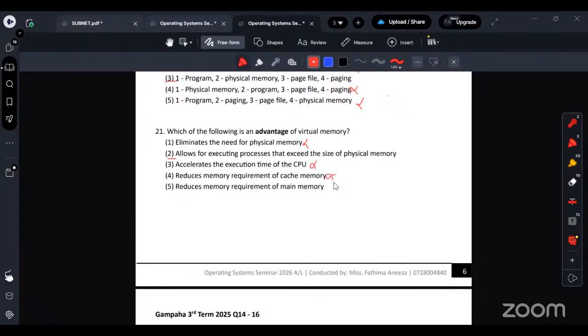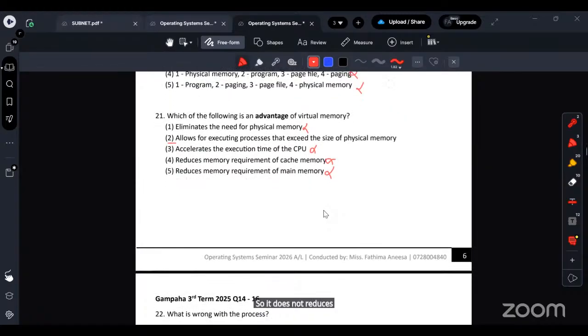It's also wrong. And it reduces memory requirement of main memory. Virtual memory does not reduce the physical RAM required for the system. It allows the system to run larger programs than the RAM would permit. So it does not reduce the memory requirement of main memory.